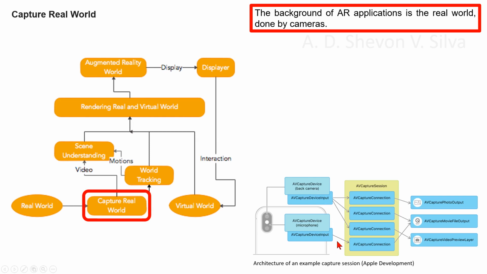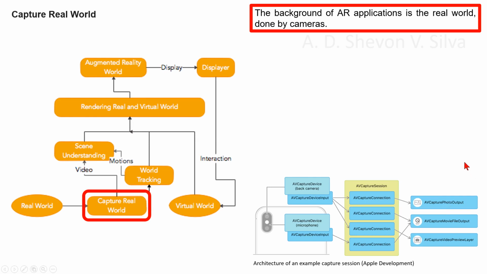Capture outputs, AV capture output subclasses, use data provided by capture inputs to produce media like images and movie files.